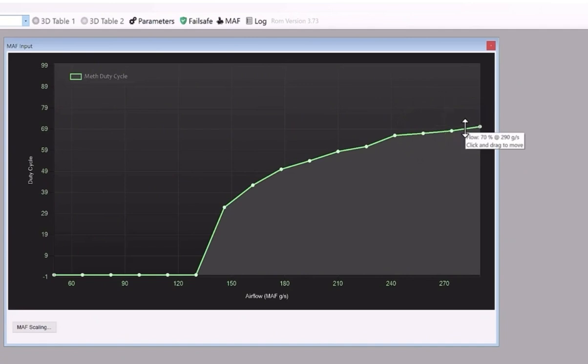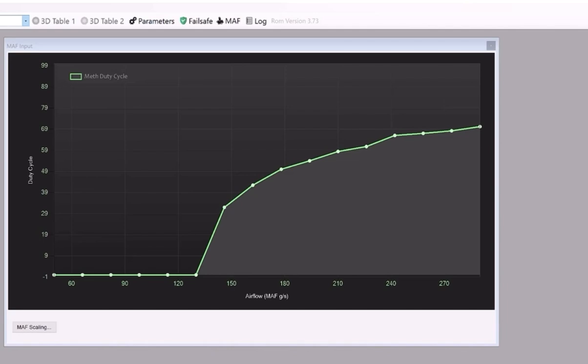The MAF scaling functionality in Frostbyte empowers users to create a comprehensive table where airflow values can be specified. This allows Frostbyte to interpret the input voltage or frequency from the MAF sensor accurately. Users can then utilize this customizable graph to precisely determine the required fluid flow at specific airflow readings.